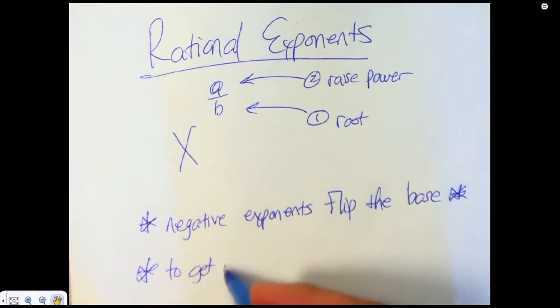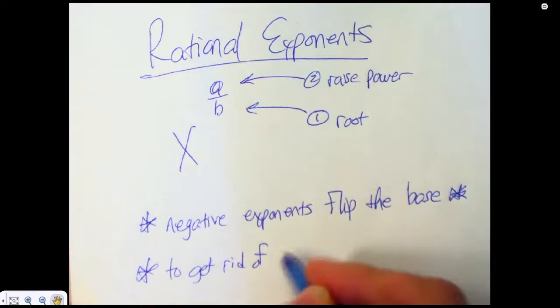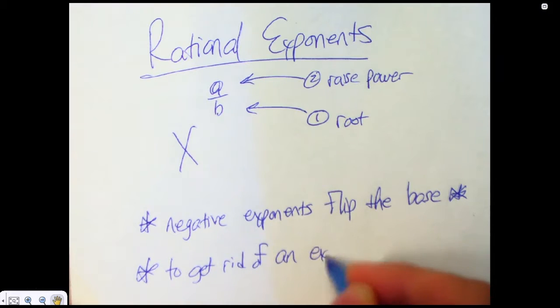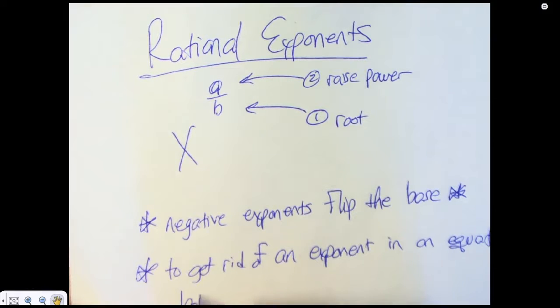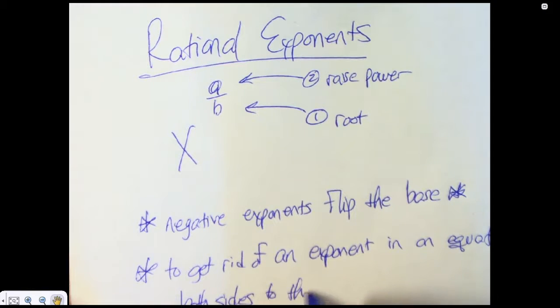To get rid of an exponent in an equation, raise both sides to the reciprocal power. And I will do all of these things. Just trying to give you a little sneak preview, advanced summary type thing here.